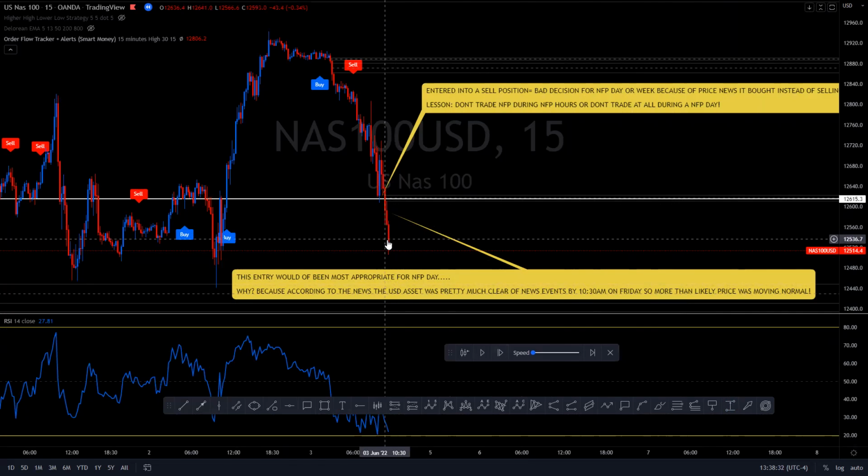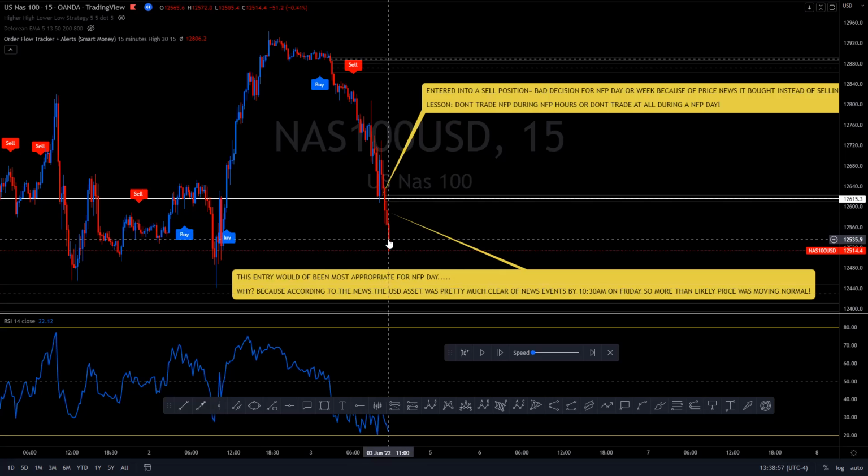This is way after 10:30. So notice the news said 10:30, the US dollar is going to pretty much be in the clear of news. So it's going to go back to normal. Well, price started selling now. See? It's 10:45, it's 15 minutes after.